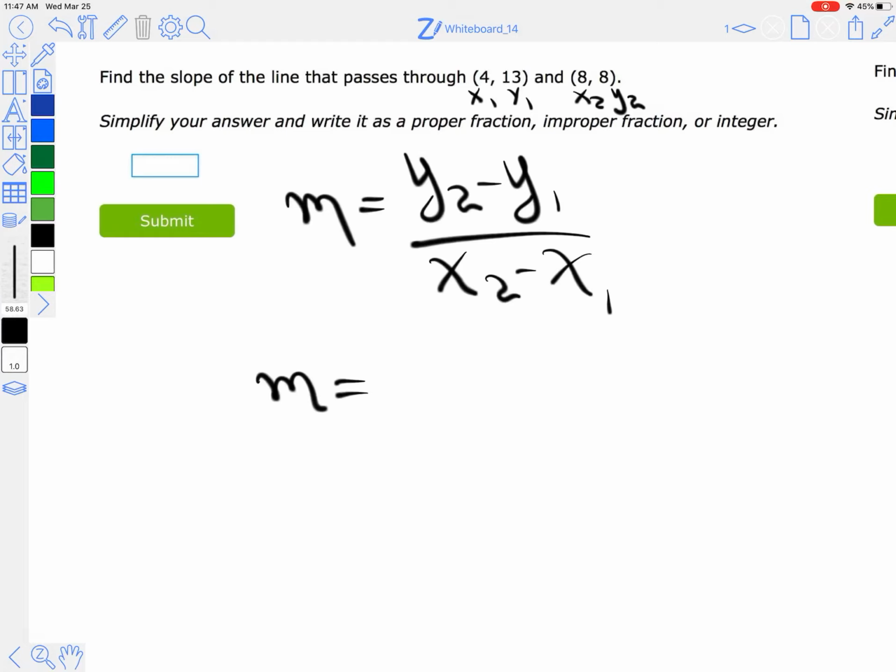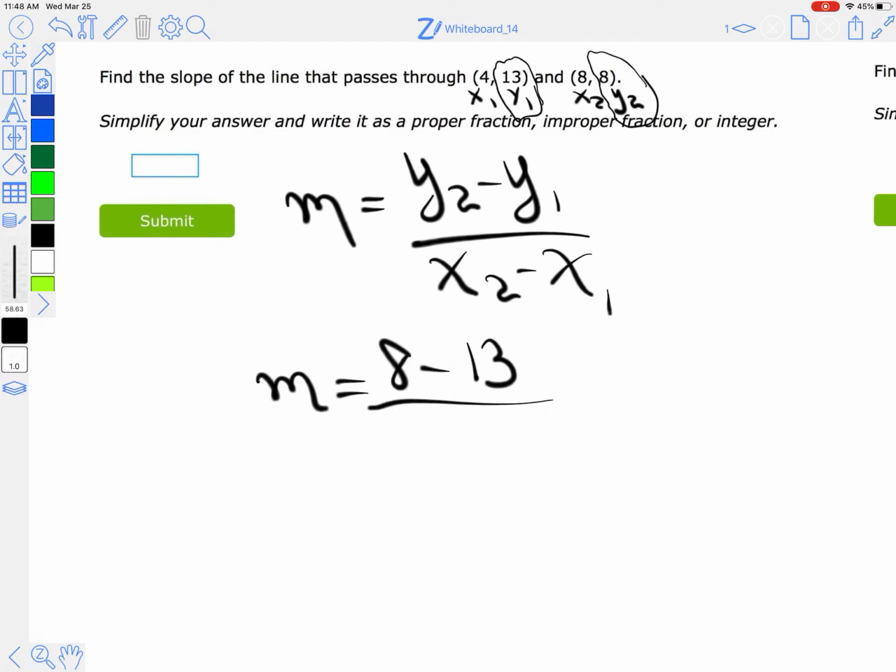y2 is that 8 right there, so I'm going to put in 8 minus, y1 is 13, 8 minus 13 over x2.